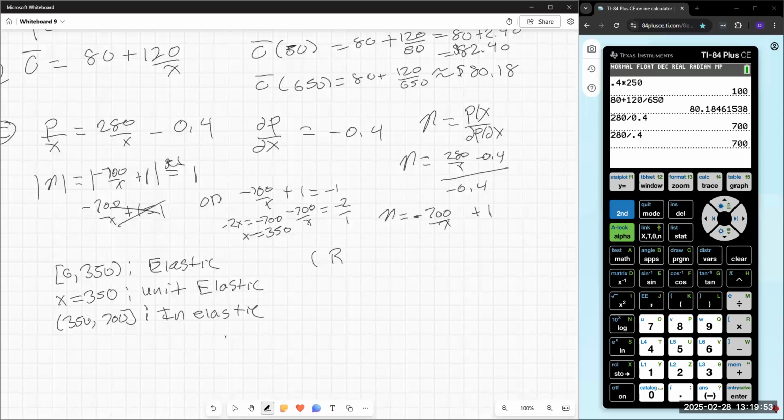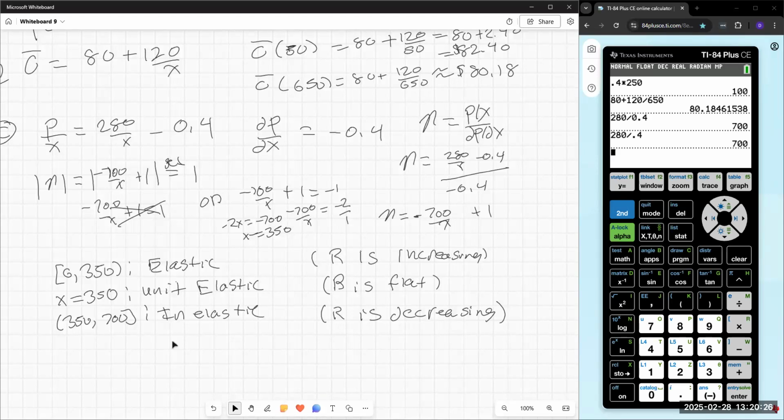R is increasing, R is flat, R is decreasing. If I would do my first derivative test on my function R, I would get those same answers. So check yourself that way if you want to.